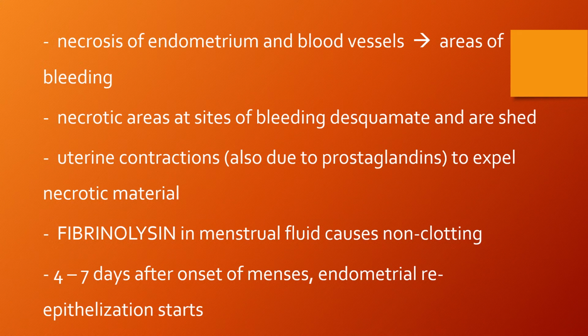So the necrosis of the endometrium and blood vessels will cause areas of bleeding. The necrotic areas at sites of bleeding desquamate and are shed, and the uterus will also contract due to prostaglandin to expel the necrotic material.